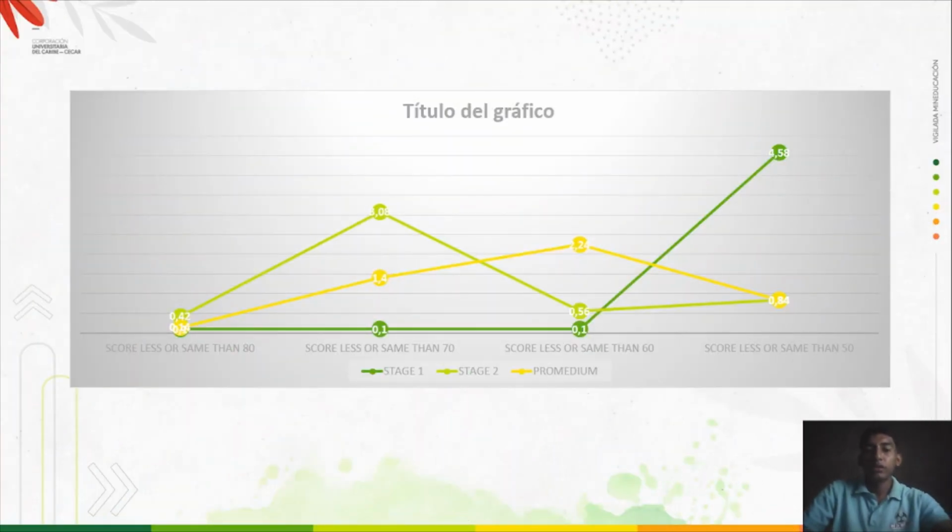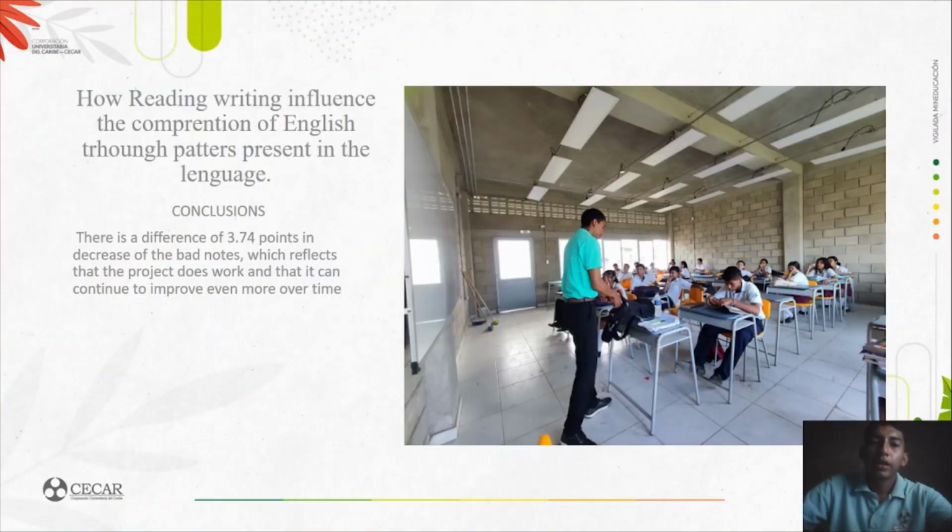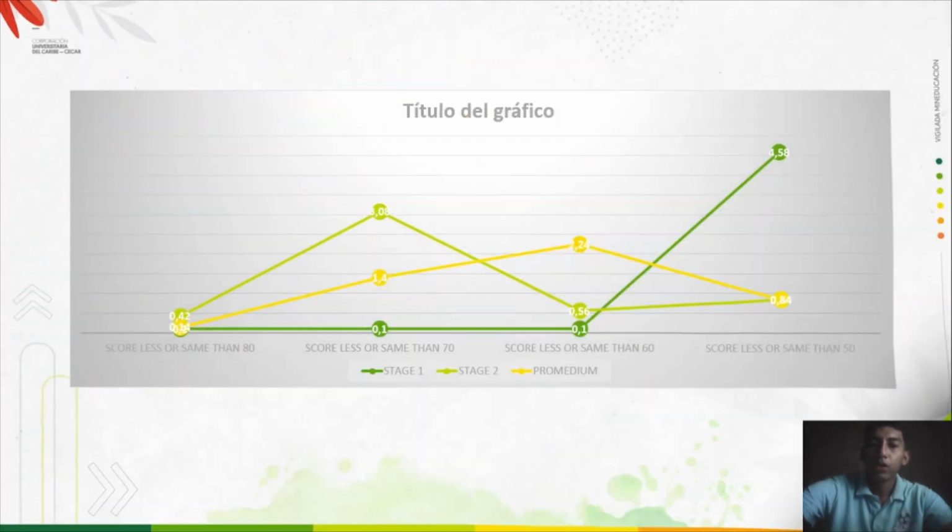For example, in this graph, you can see the average level during my project. I want to say with this that there is a difference of 3.74 points in the degree of the bad grades. So you can see this here.